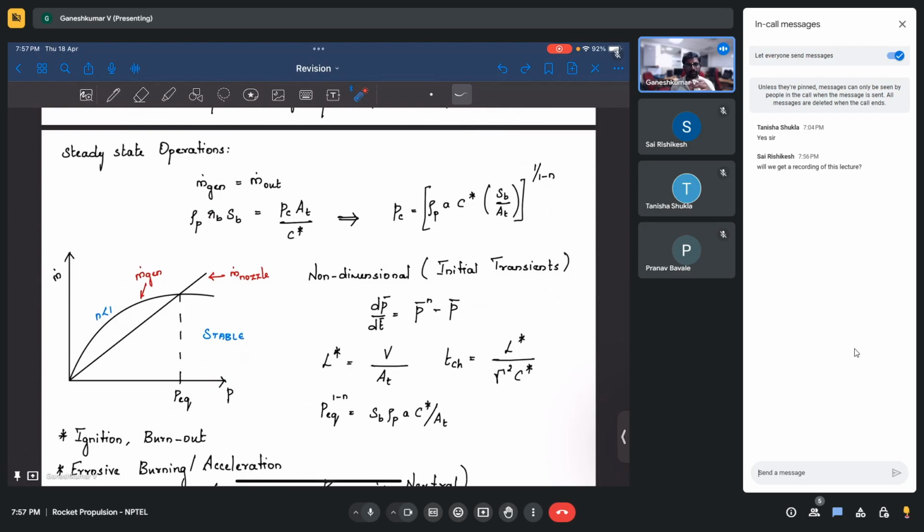Those two are related differently based on n. That's why it has to be less than one in order to have a stable operation.